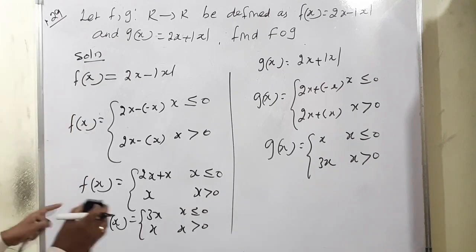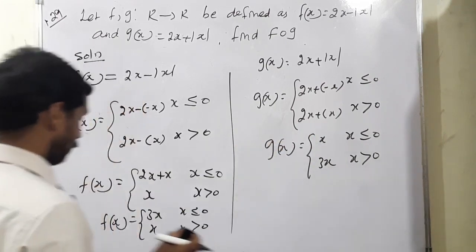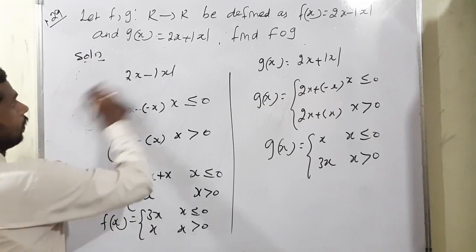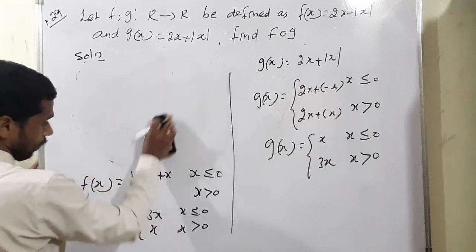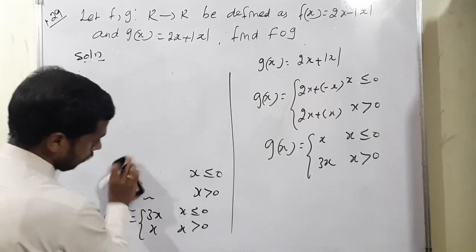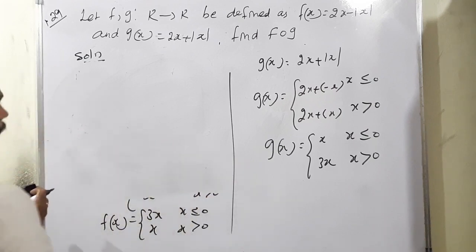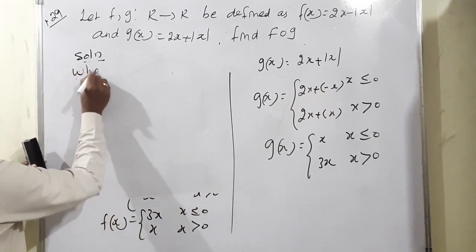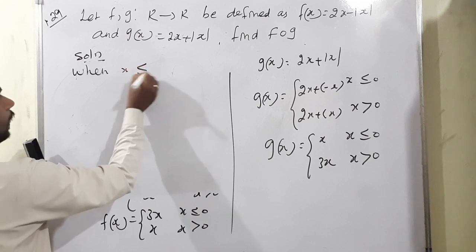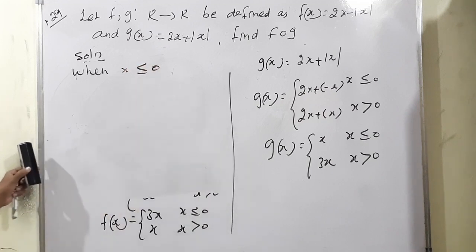So now we can write it in two ways. The first way, when x less than or equal to 0, what will happen?